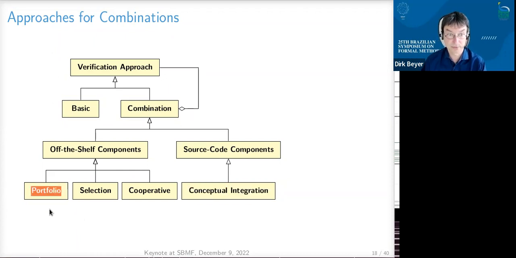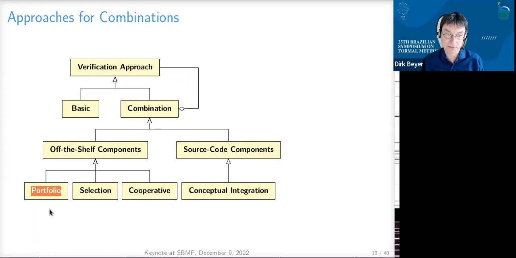Let me explain portfolio first. This is an idea from economics, right? You have a certain investment and you want to spread it on several different things to not lose all if your decision was not correct, right?